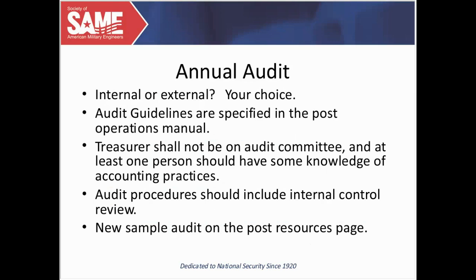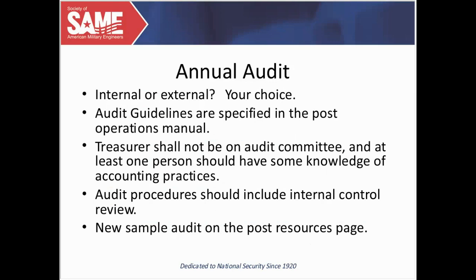Our next subject is annual audit. Each post is required to conduct an annual audit. The purpose of this audit is to get an independent opinion on the fairness of financial statements and the effectiveness of post internal controls. The Post Operations Manual gives you excellent guidance on the composition of the audit committee and the roles and responsibilities of that committee.